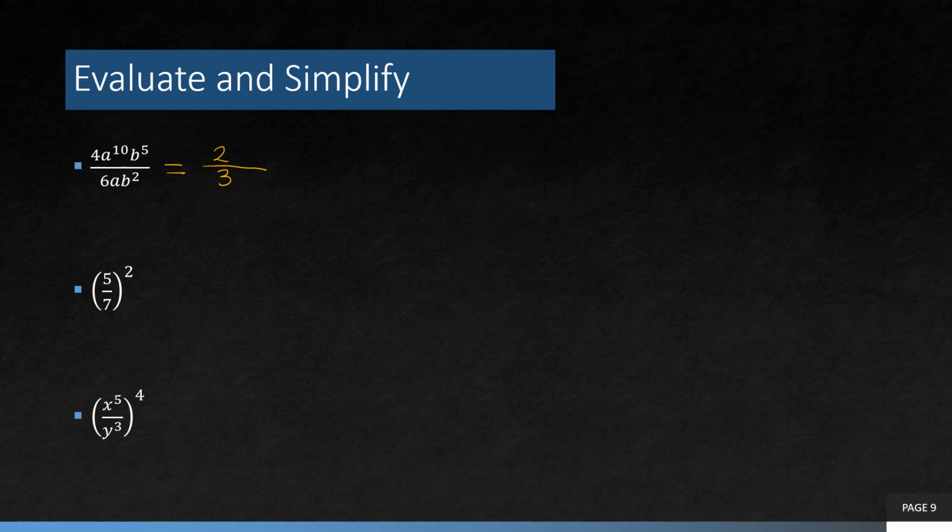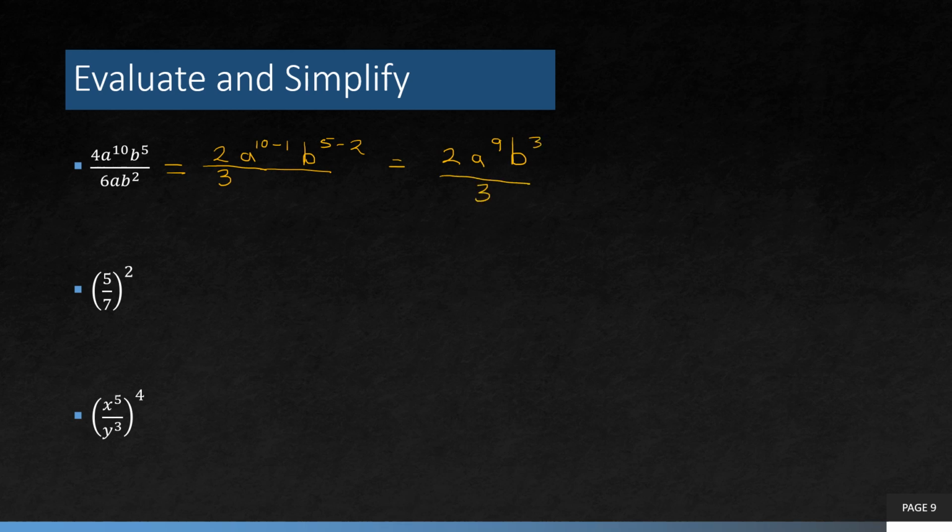Now all of these are positive, so a to the 10th, and then this is 1, so I'll subtract 1 out on that one. And this 5 is bigger than the 2, so I'll go 5 minus 2. And that's going to become 2, a to the 9th, b to the 3rd, and that's going to all be over 3.